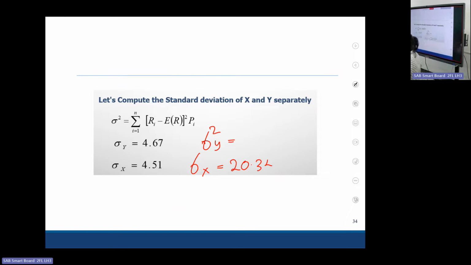Calculate this one, otherwise we cannot calculate the coefficient of variation. Do the variance for Y also quickly. You can calculate, you can calculate.